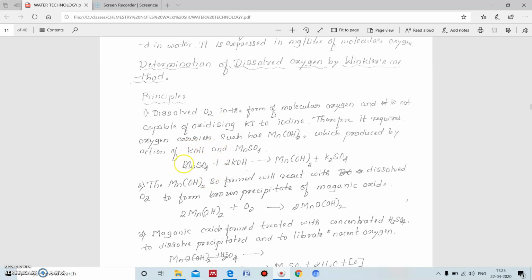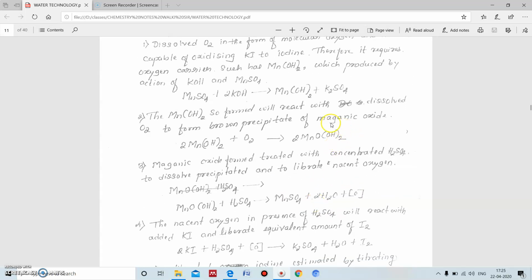When manganese sulfate reacts with KOH, it produces manganese hydroxide and potassium sulfate. Once the manganese hydroxide is produced in the water, it utilizes the dissolved oxygen present in the water and produces a brown precipitate of manganic oxide.